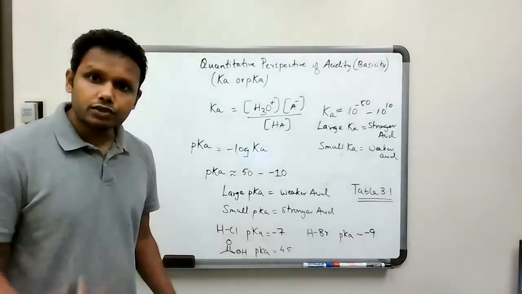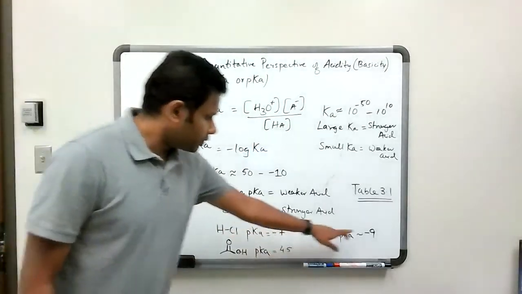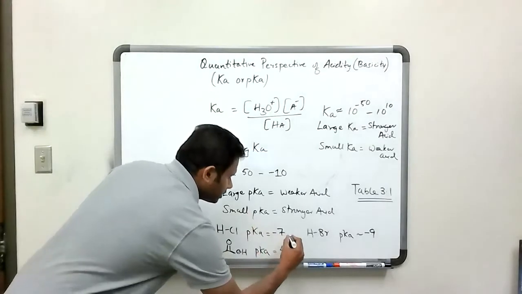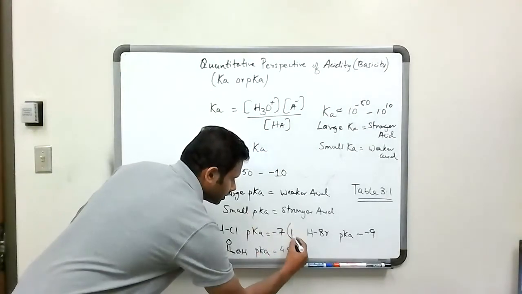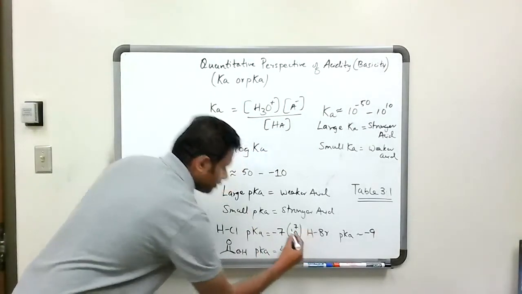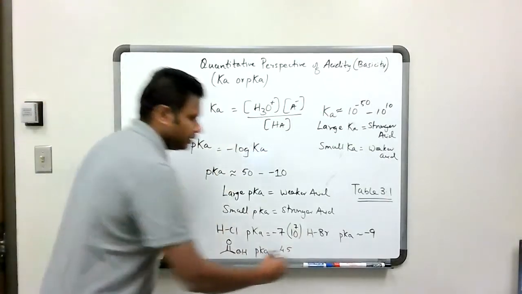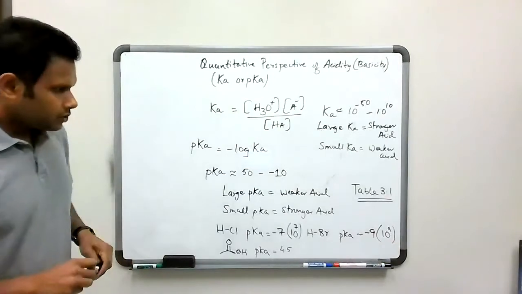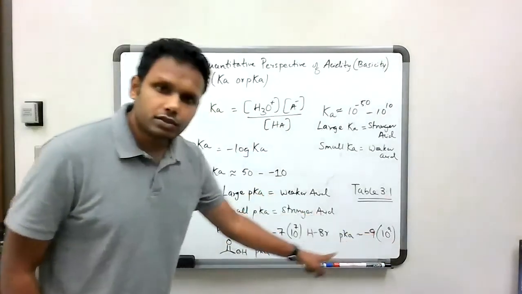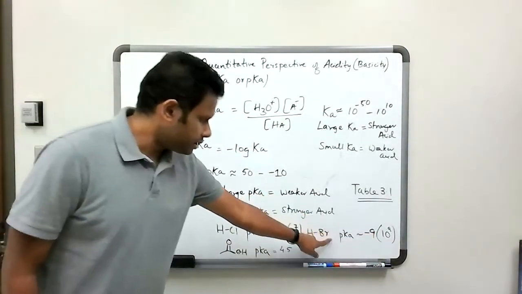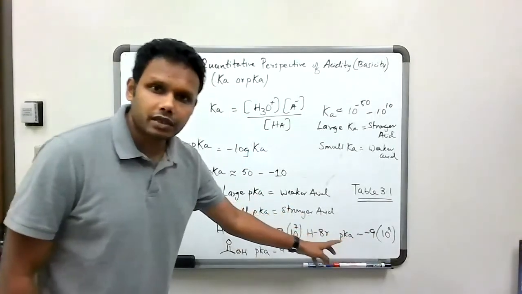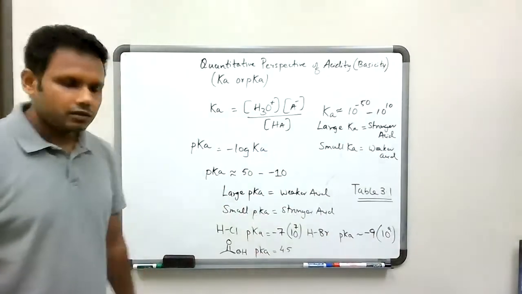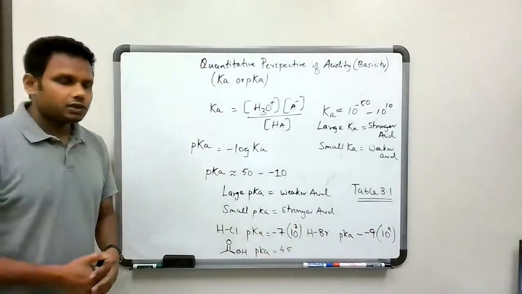Now, how much stronger? We would have to convert these into Kas. So when we talk about Ka, we're talking about 10 to the power 7, and 10 to the power 9. And so now we can see the magnitude of difference. So HBr is about 100 times stronger acid than HCl.